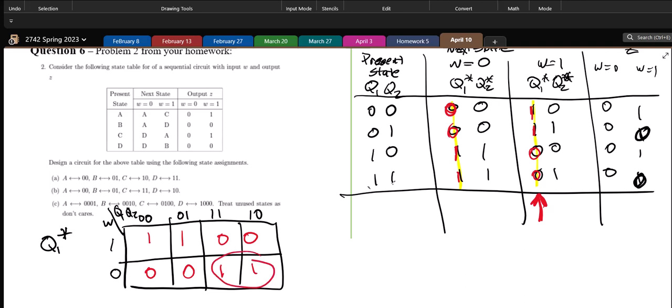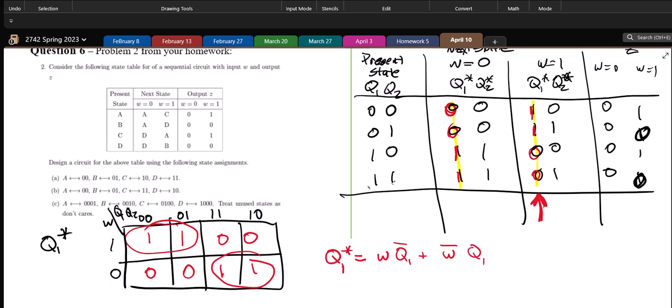So then I'll make this circle, and that tells me that Q1 star equals, in this first circle, W is 1, so that's W, and what these two have in common is that Q1 is 0, so Q1 bar, or with this circle down here, W is 0, and what these two have in common is Q1 is 1.